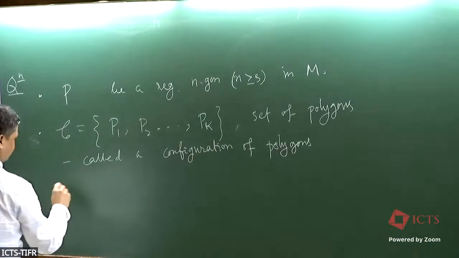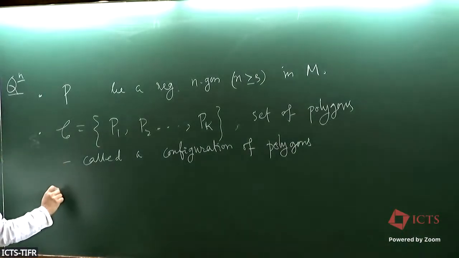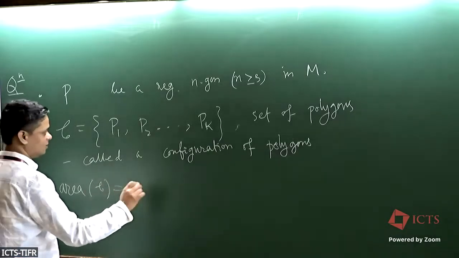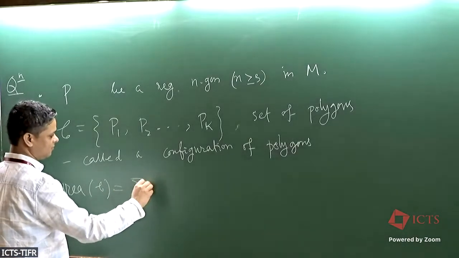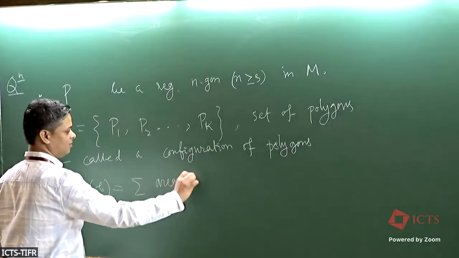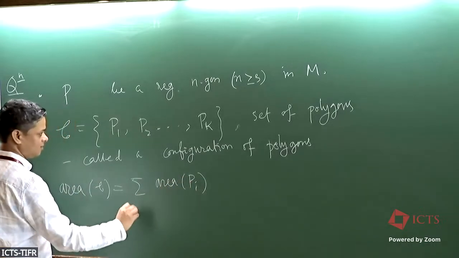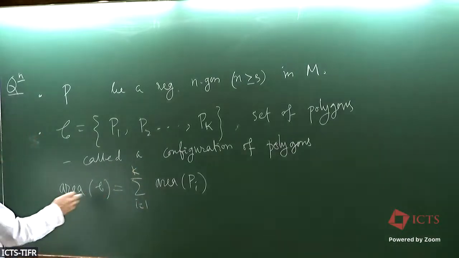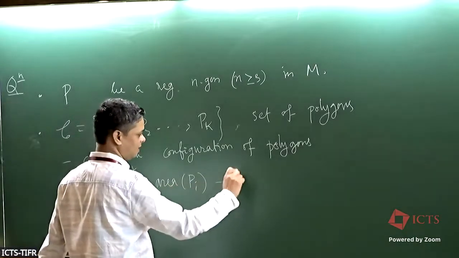And we define the area of this configuration C to be the summation of the areas of the polygons in the configuration, the summation over i equal to 1 to k, and this is called the total area of the configuration.